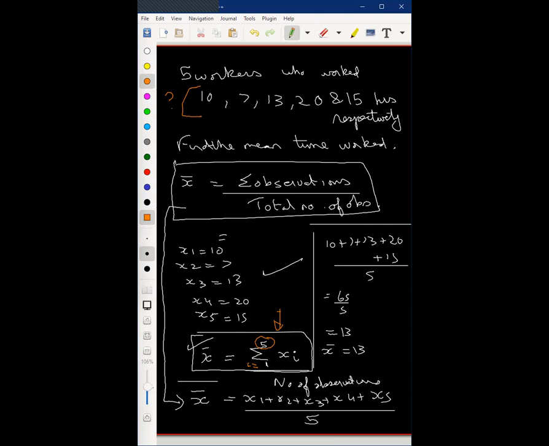Everyone's conveniently forgotten, right? There's no point of revising or remembering anything. Aisha? Sanika, what kind of data is this? Sir, raw data? Exactly.